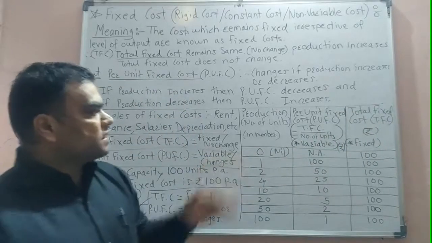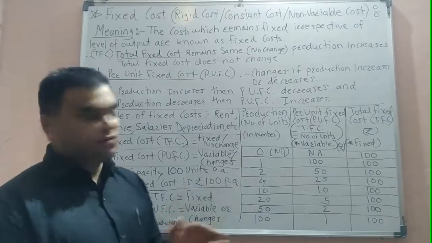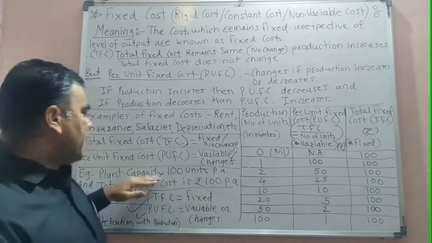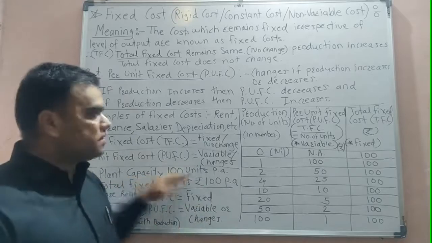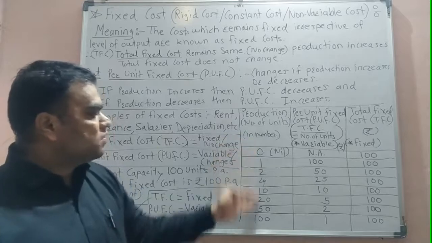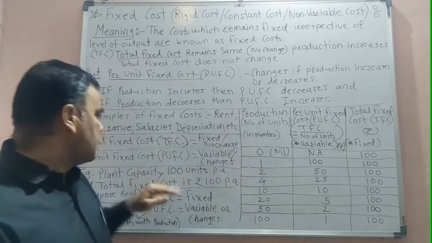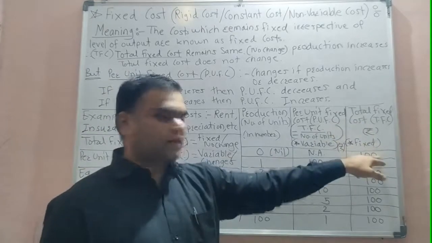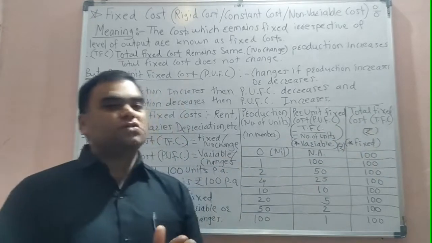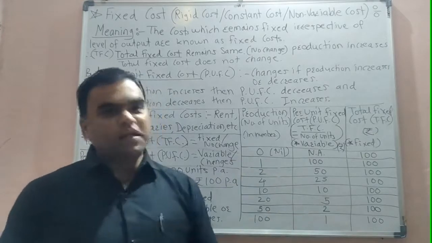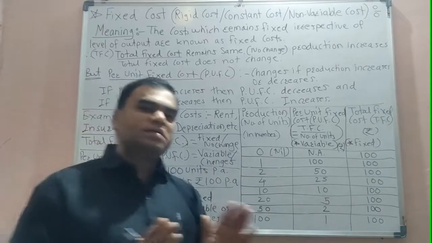Now we are going to understand how it behaves, the nature of these costs. Plant capacity is 100 units, and total fixed cost is rupees 100. As we have discussed, total fixed cost doesn't change whether you increase or decrease the production, because it remains the same.